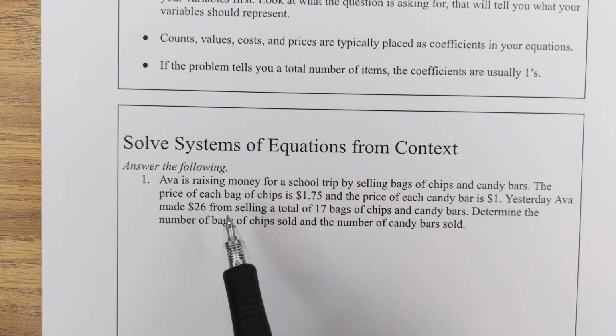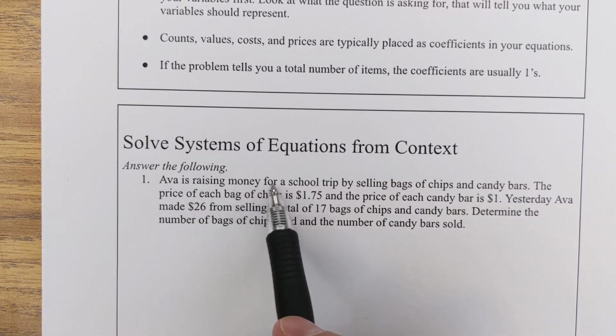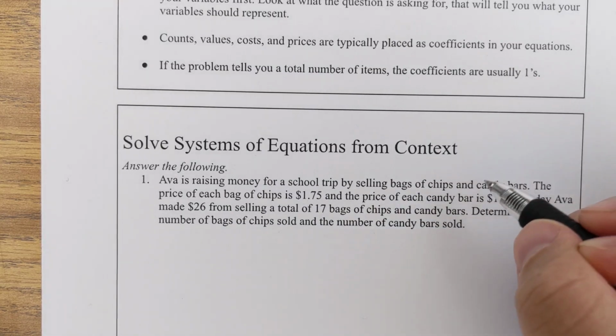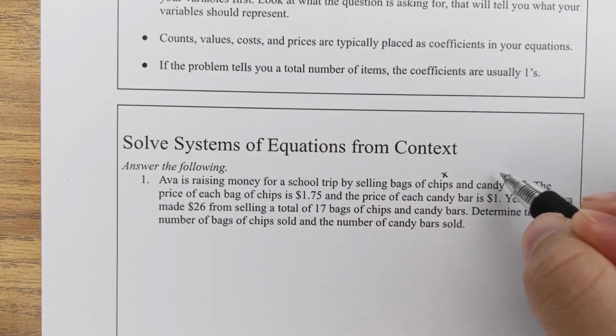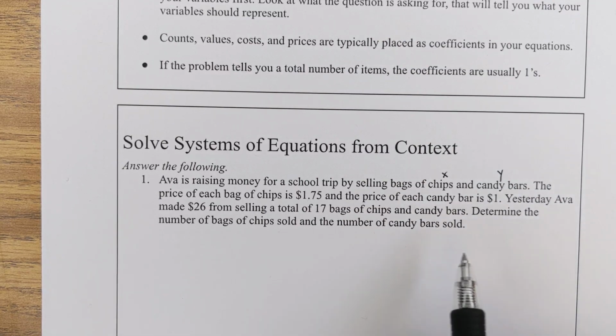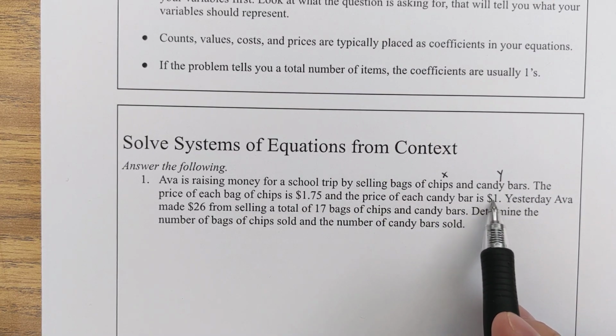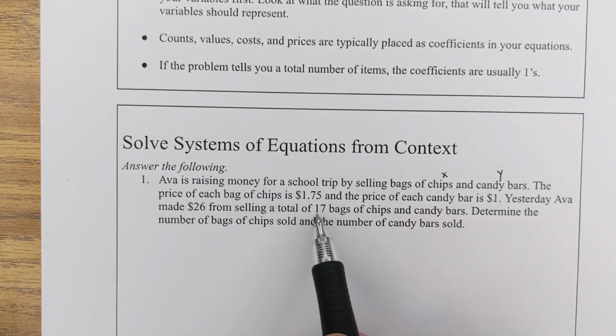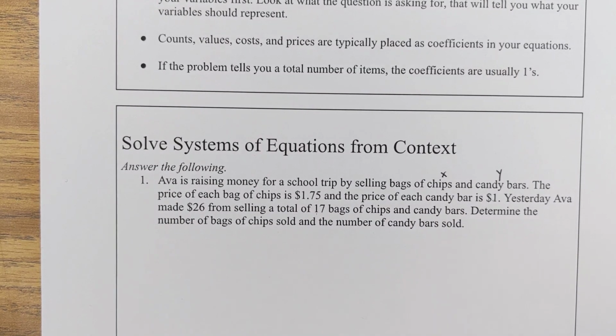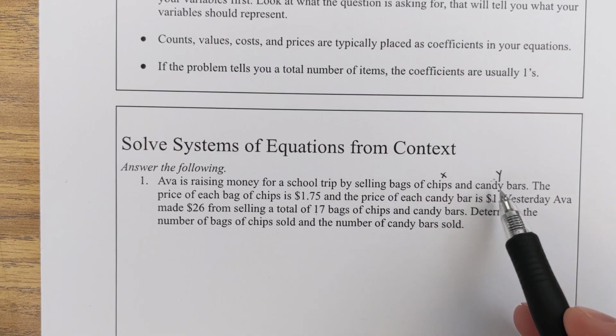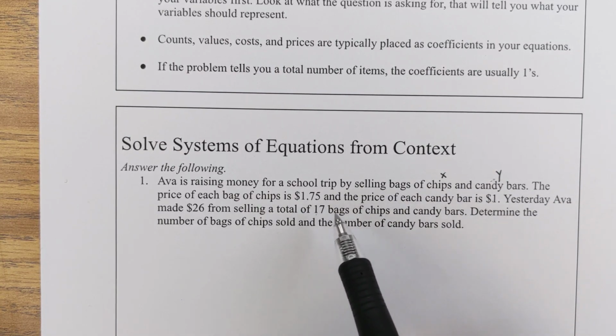Okay, so example one. Ava's raising money for a school trip, selling a bag of chips. So we'll call chips x and candy bars y. So define our variables. Each bag of chips is $1.75. Candy bar is $1. We made $26 from selling a total of 17 bags of chips and candy. So we're gonna have two equations because we have two variables. One of them is gonna use our dollar amounts.